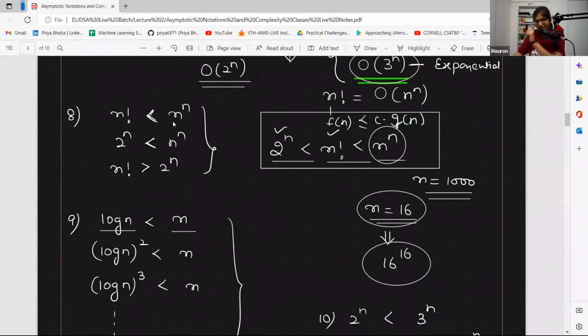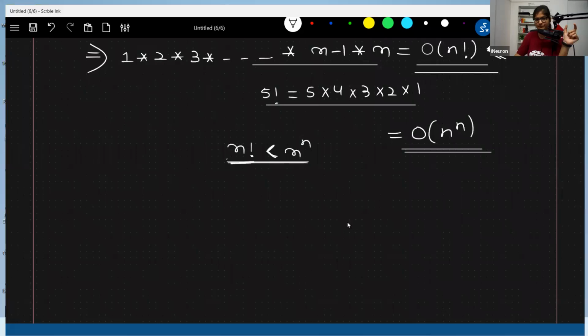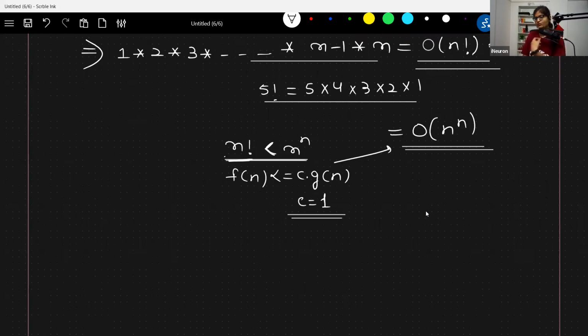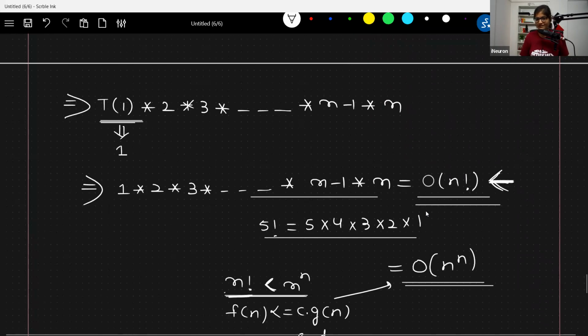So if n to the power n is bigger than n factorial, can I write it in big O terms? Consider this as f of n and this as g of n. So what is the equation of big O? It will be f of n less than or equal to c times g of n. Here you can consider the value of c as 1 also. So we can write this equation, right? It's just a choice. This is the answer, but this answer can be written like this as well. This is what I'm saying.